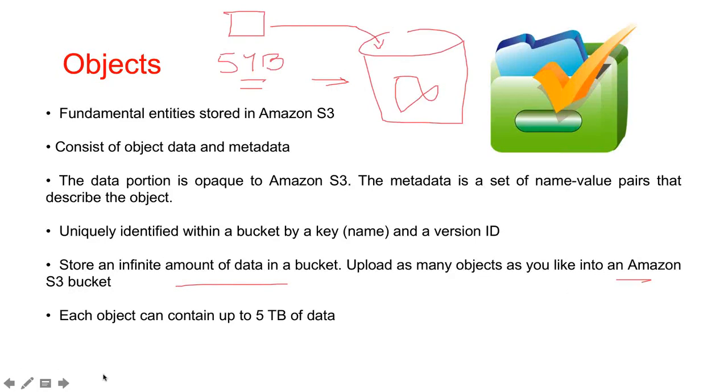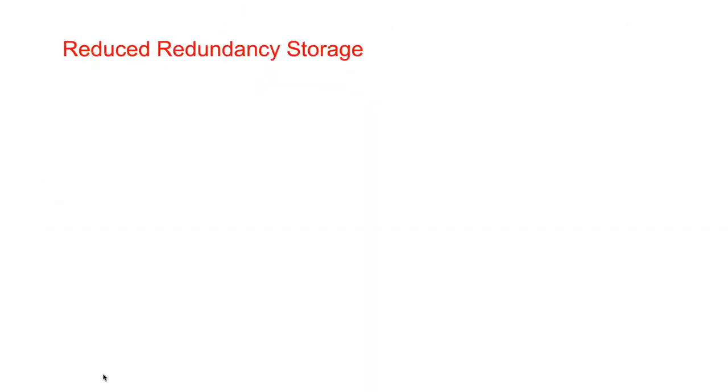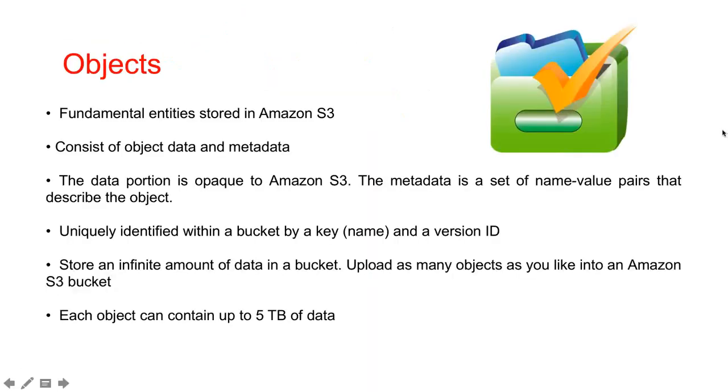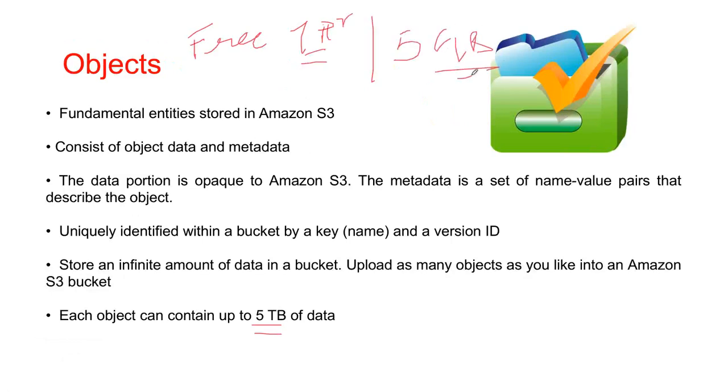Each object can contain up to 5 terabytes of data. So you can store an infinite amount of data in the S3 bucket, but the size of each object should not exceed 5 terabytes. And with a free tier account, you get only 5 GB of data storage to your S3 buckets. Only 5 GB.